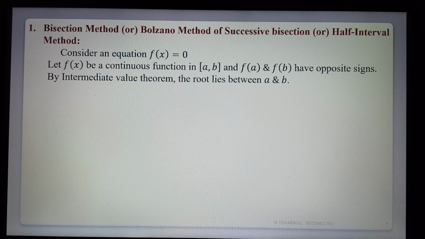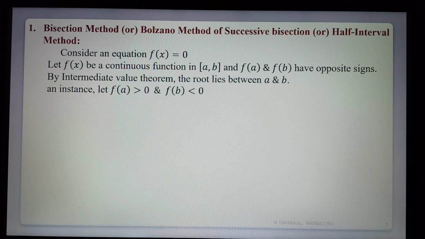By using the intermediate value theorem, the root lies between a and b. For instance, the assumption is f of a is greater than 0 and f of b is less than 0; f of a is positive and f of b is negative. This is the first assumption. Therefore the root lies between a and b.